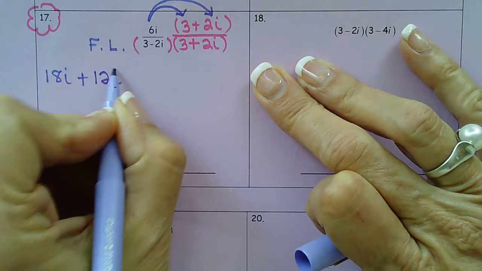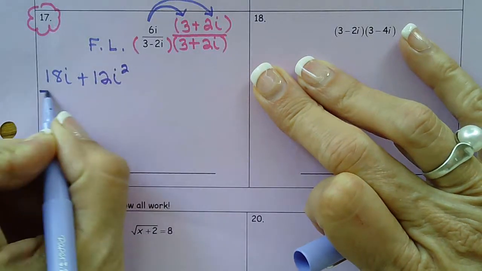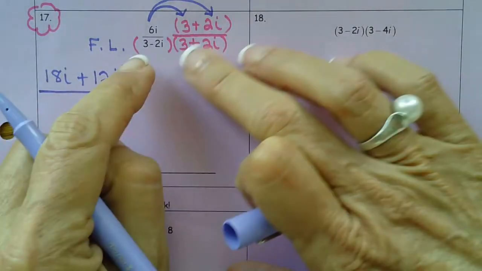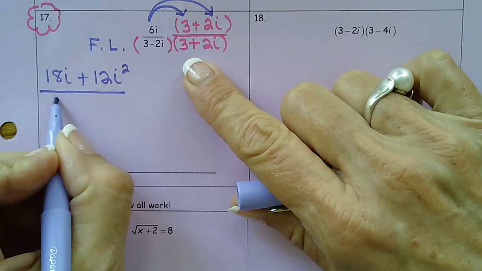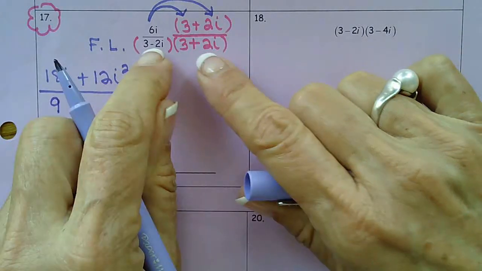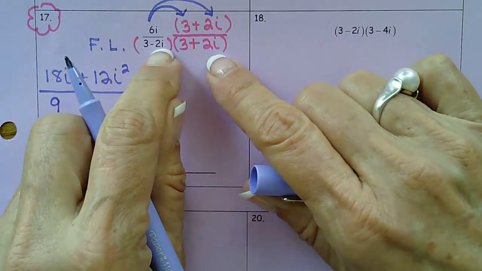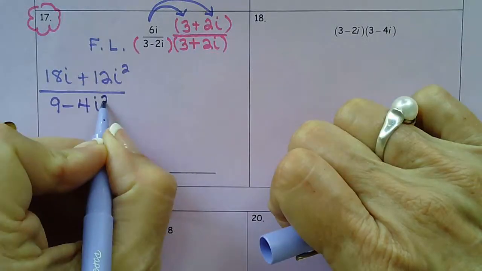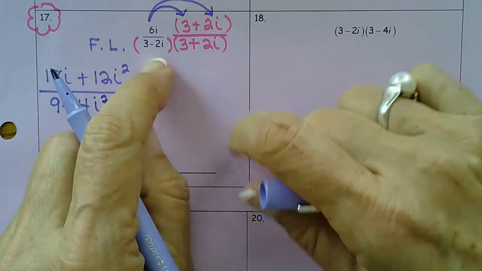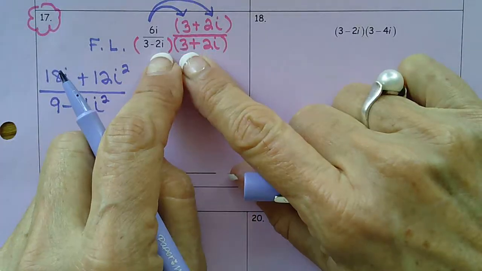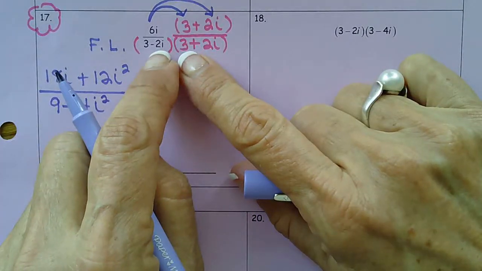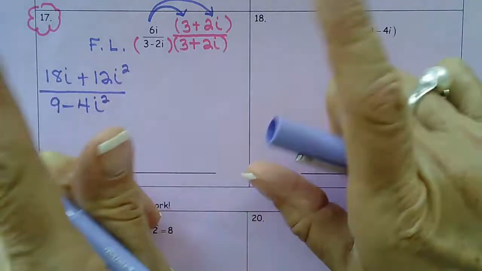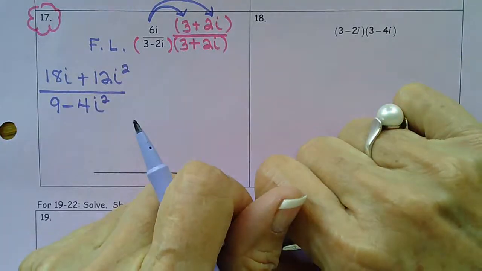In the denominator, when we do F and L, we get 9 minus 4i squared. And again, we only have to do F and L because the middle terms will always cancel on conjugates. Negative 6i plus 6i, they go away, the O and I. So that's why we can just do the F and L.